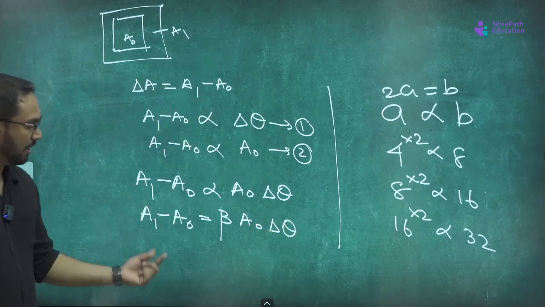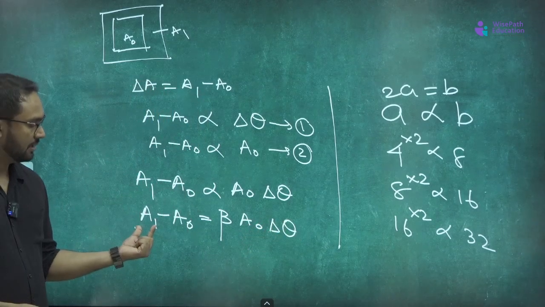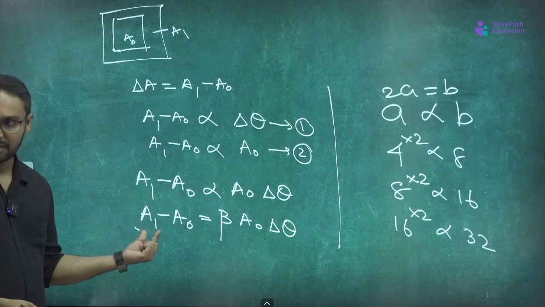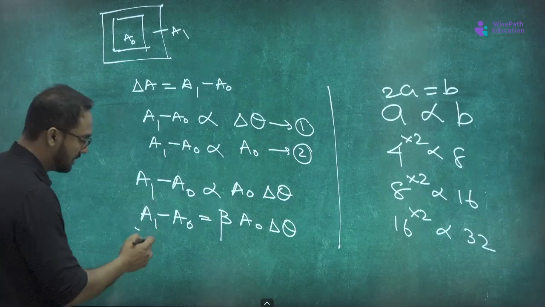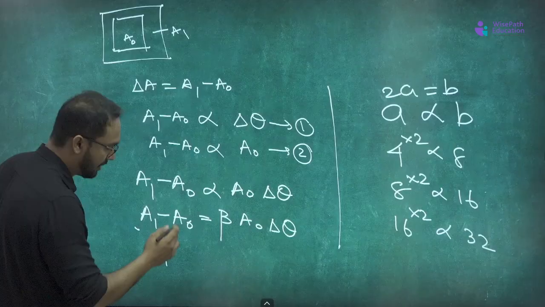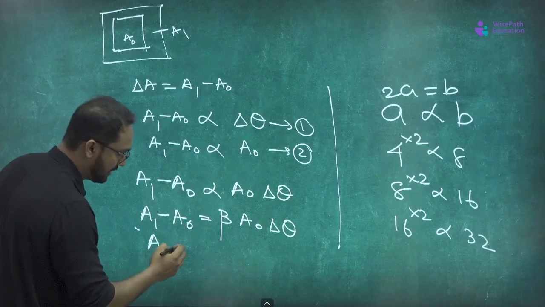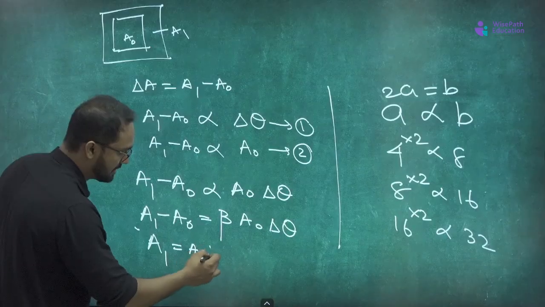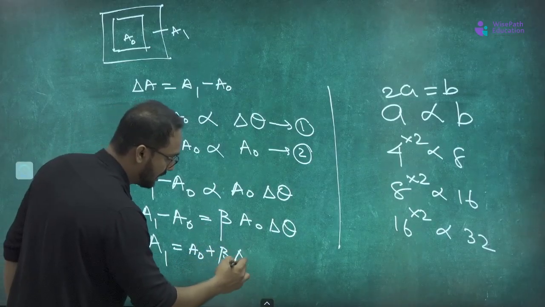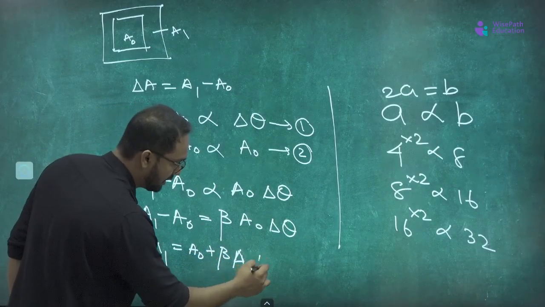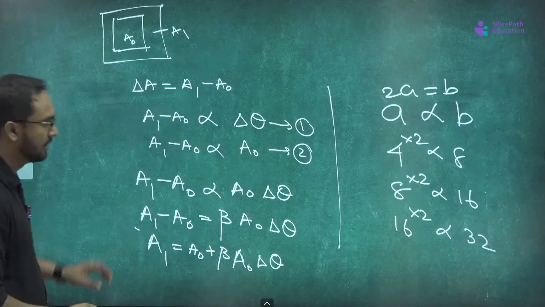I want to isolate the final area expanded, so if I want to isolate A1, I have to take the A0 to the other side. That will be A0 plus beta times A0 delta theta, isn't it?